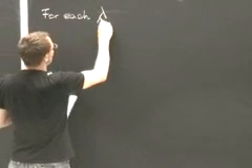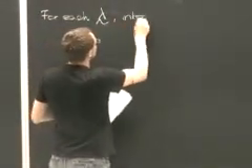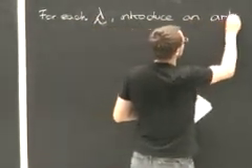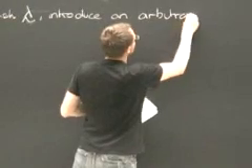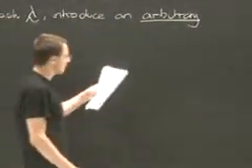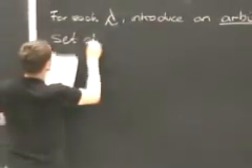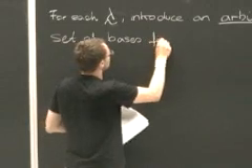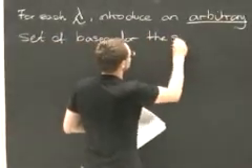Okay. So for each set of parameters lambda, where lambda is some vector, I introduce an arbitrary, and this word arbitrary is really key, set of bases for the space of ground states.